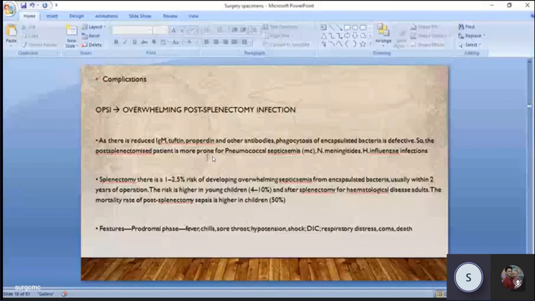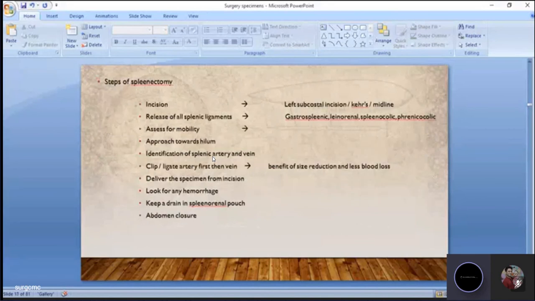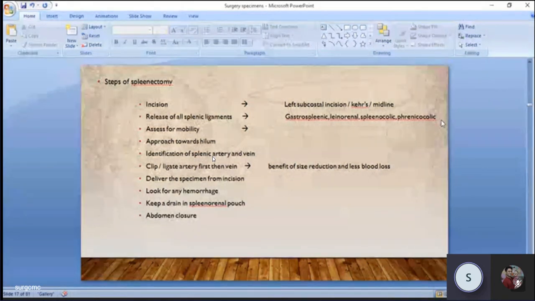Sir, how to assess the mobility of the spleen? Once we approach the spleen, we have to see all the ligaments: gastrosplenic ligament, lienorenal ligament, splenocolic ligament, and phrenicocolic ligament. All these ligaments are to be identified and excised. These are the fixed points of the spleen.